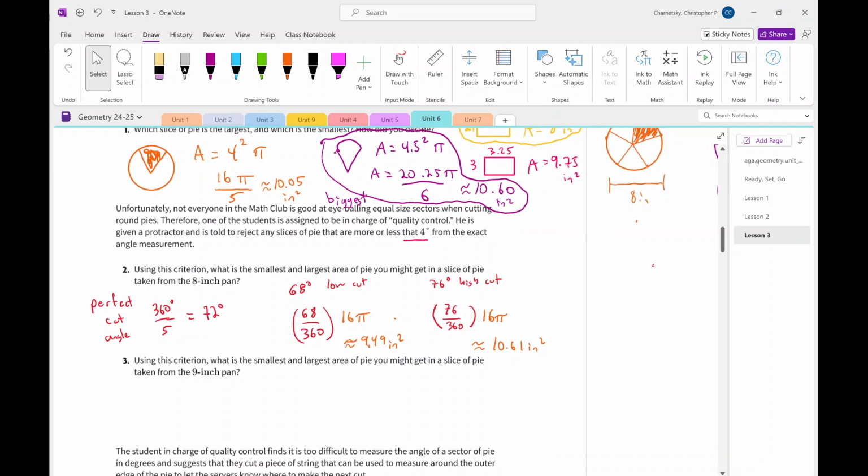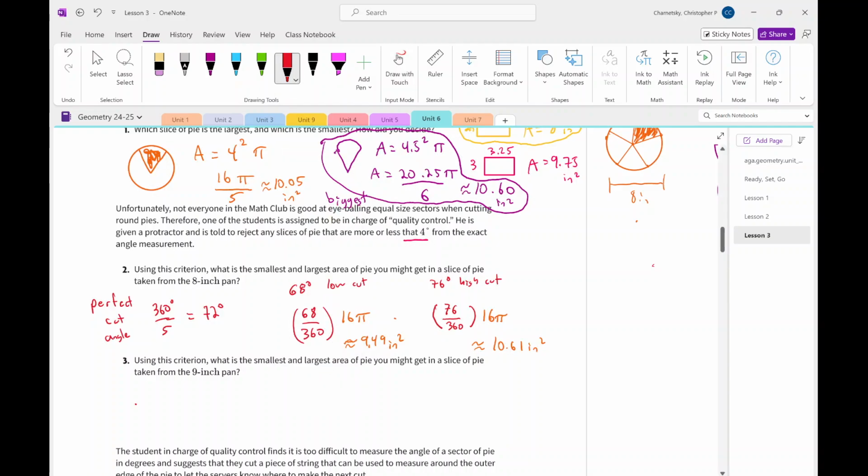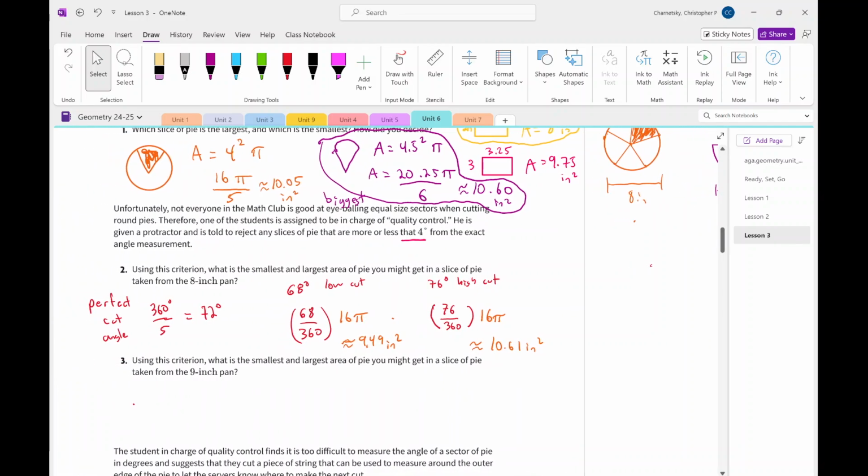So first of all, we need to figure out what is the angle of a perfect cut on a circle cut into 6 equal slices.